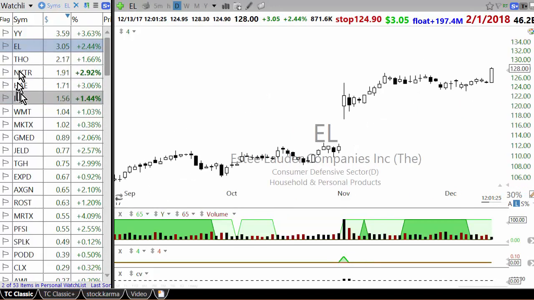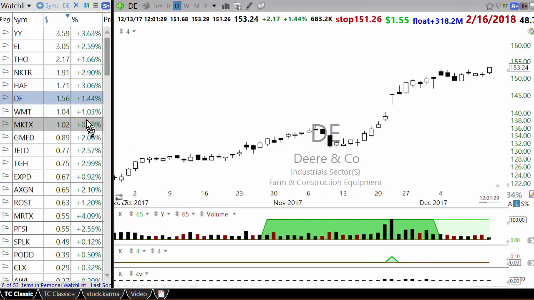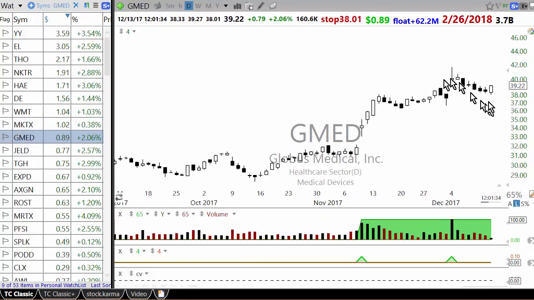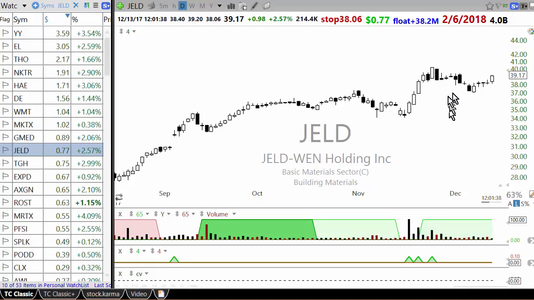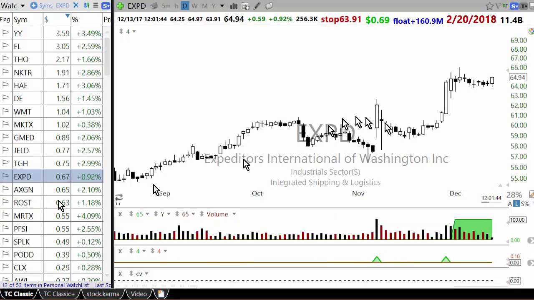This was an A class setup. This was an A class setup. D also a very good A class setup. Walmart is breaking out. Then Globus Med, this was a pullback kind of thing, is breaking out. This Gelled is breaking out. Volume is low, but that's a nice breakout. TGH is breaking out. Expeditors is also breaking out. This was also an A class setup.